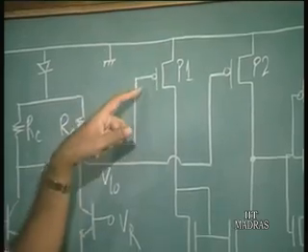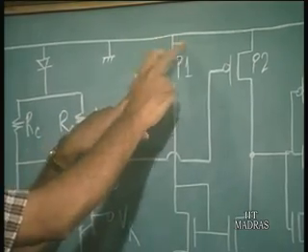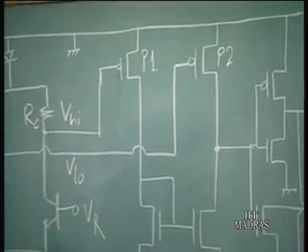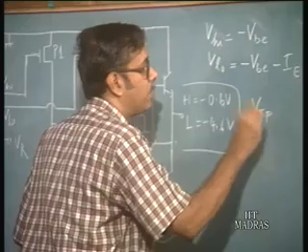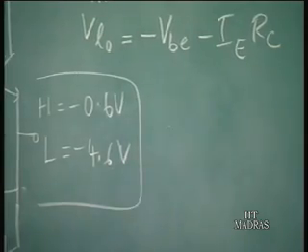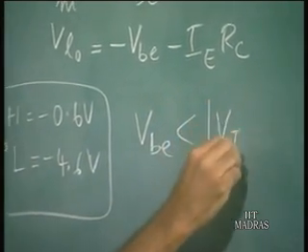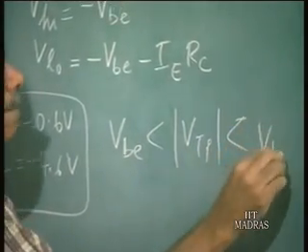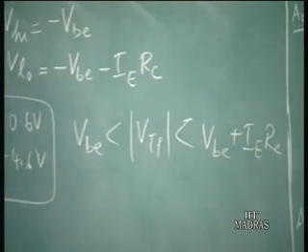So, one PMOS transistor has a gate to source voltage of minus VBE, and the other PMOS transistor has a gate to source voltage of minus VBE minus IERC. Now, if the modulus of the threshold voltage of the PMOS transistor lies between VBE and VBE plus IERC, then what is going to happen?